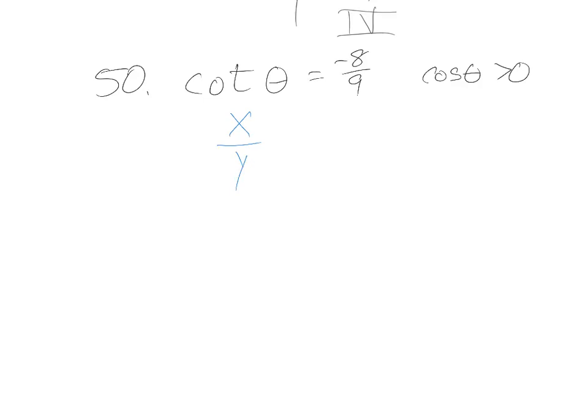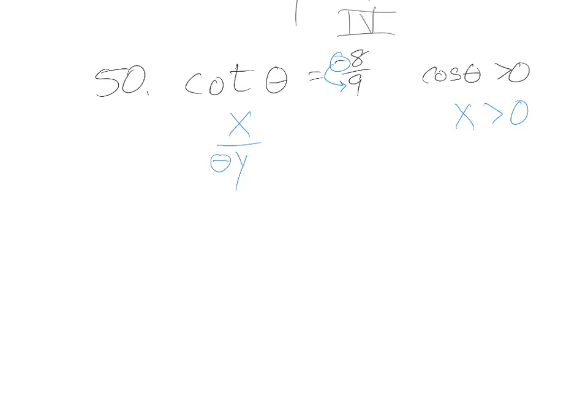X over y, isn't it? And the cosine is x. It's positive. You'll see why I'm doing this in a second. So if x is positive and the cotangent is negative here, that must mean y is negative, right? Which means this negative really needs to be on the 9.